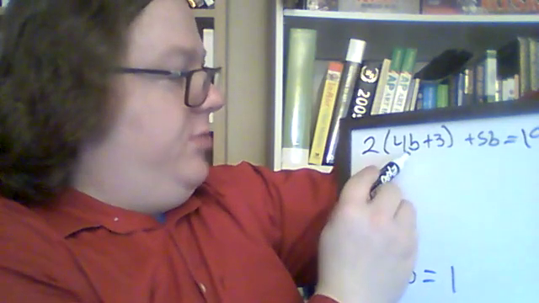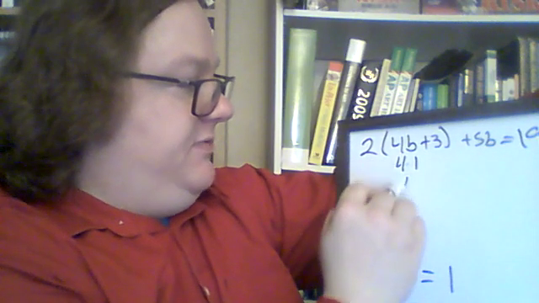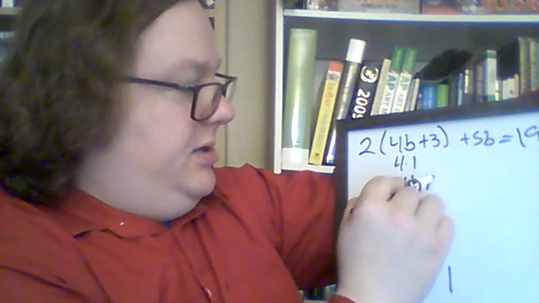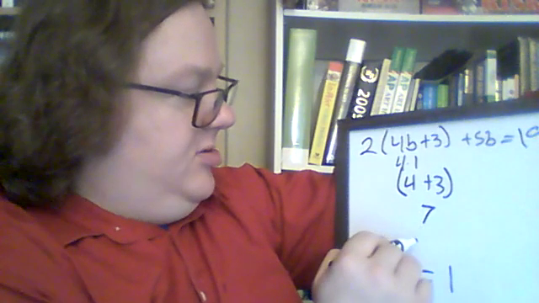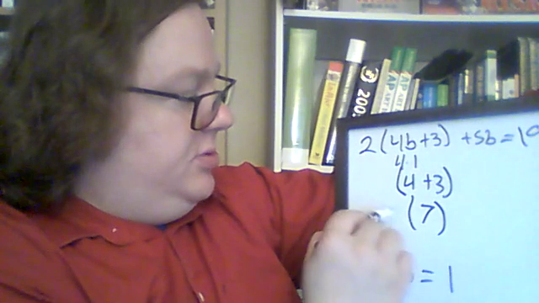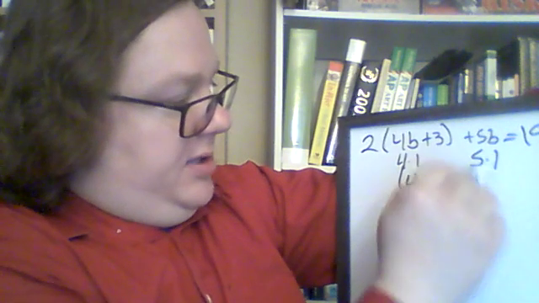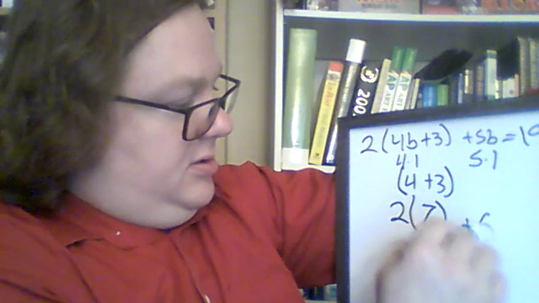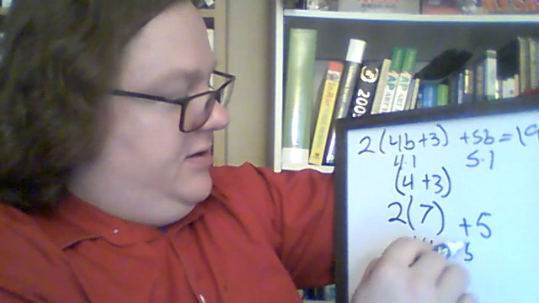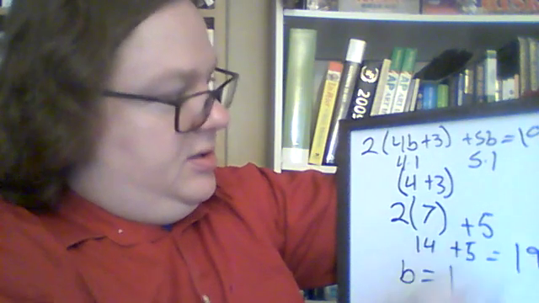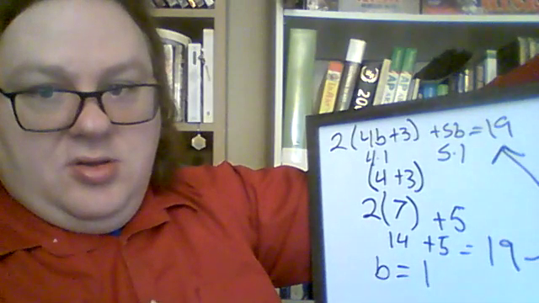Okay, so 4b, b is 1. 4 times 1 is 4, plus 3. 4 plus 3 is 7. Drop that 2 down. We've got 2 times 7 plus 5 times 1 is 5. 2 times 7 is 14. 14 plus 5 equals 19. 19 equals 19. Isn't that cool?